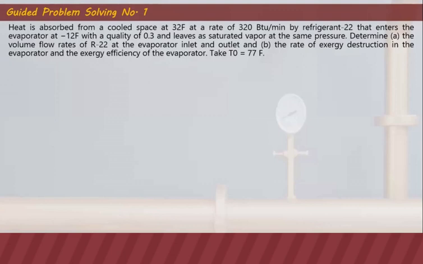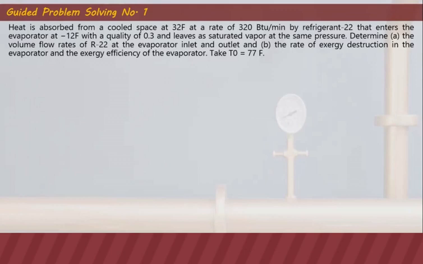Heat is absorbed from a cool space at 22 degrees Fahrenheit at a rate of 320 BTU per minute by refrigerant 22 that enters the evaporator at negative 12 degrees Fahrenheit with a quality of 0.3 and leaves a saturated vapor at the same pressure.